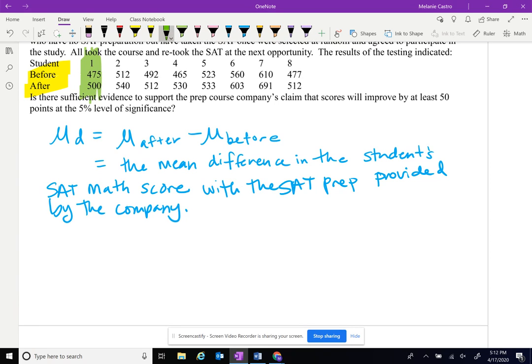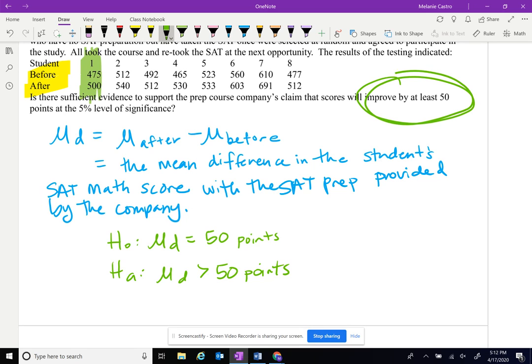So our H0 on this one would be that it's 50 or less than 50. So the average difference is 50 versus our Ha would be that it's at least 50, meaning that I would get more than 50 points of an increase or an improvement.